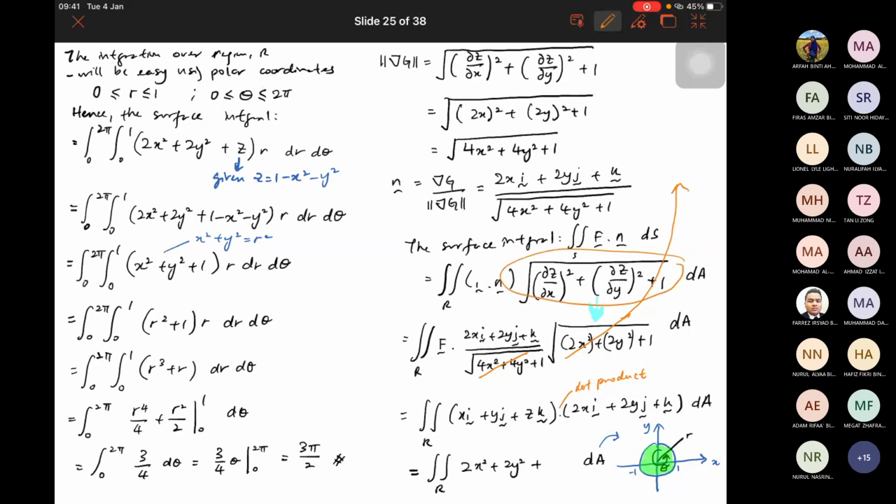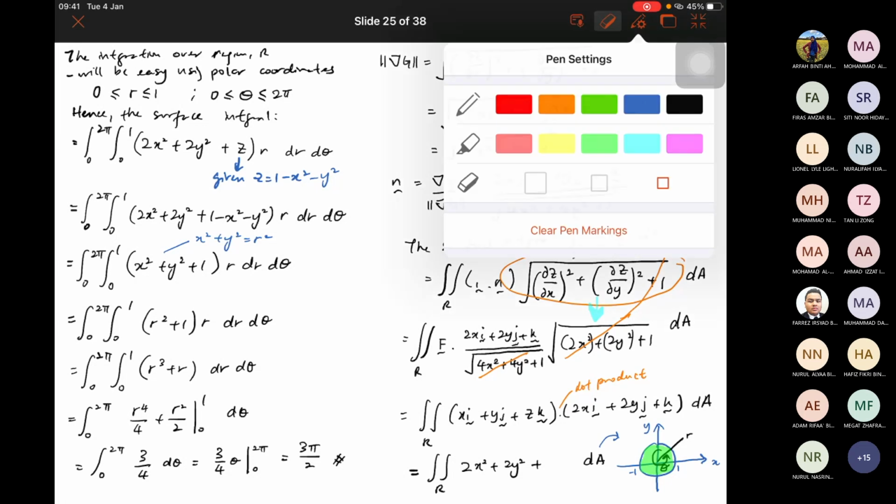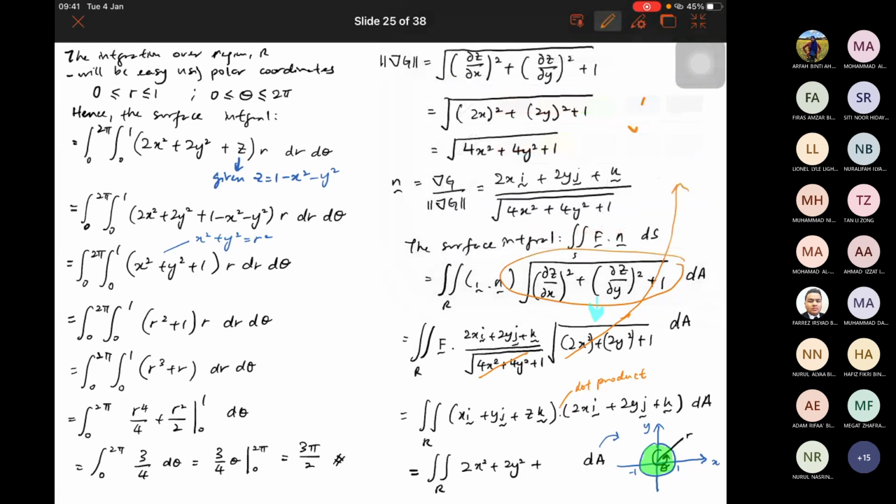So delta z adalah square root bagi 2x kuasa 2, 2y di kuasa 2 tambah 1. So saya ada salah tulis ni. So betul kan? Thank you Ramona. So dia ni akan jadi 4x squared tambah 4y squared tambah 1.